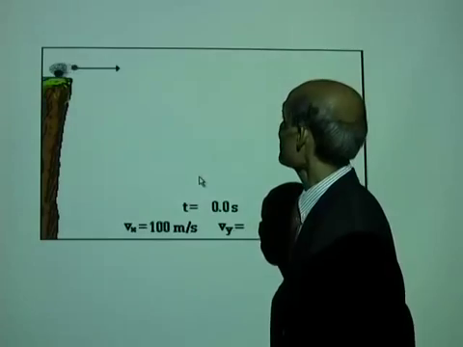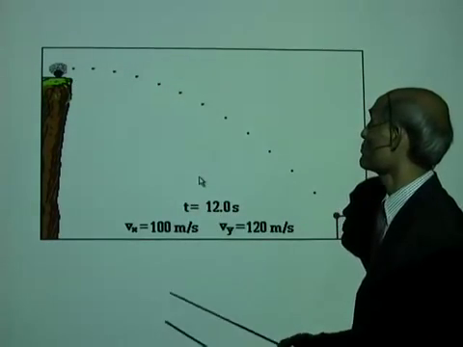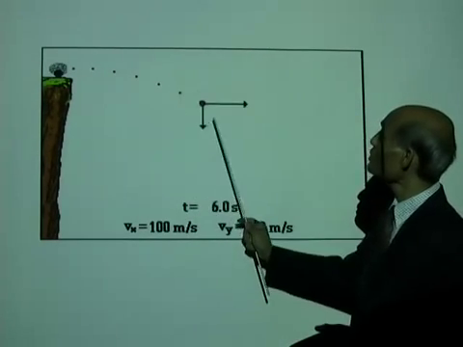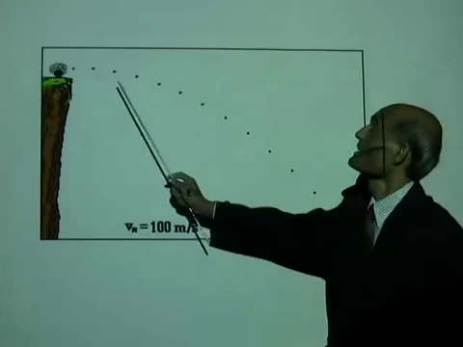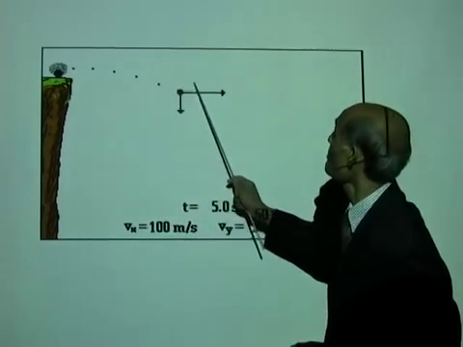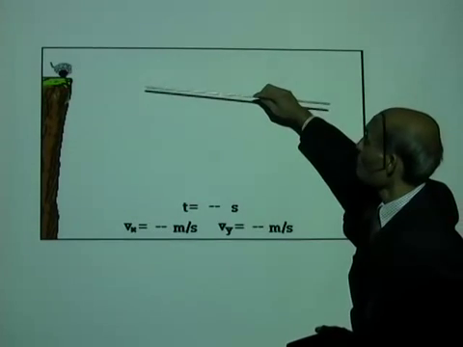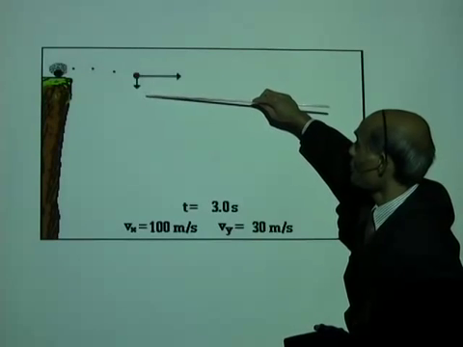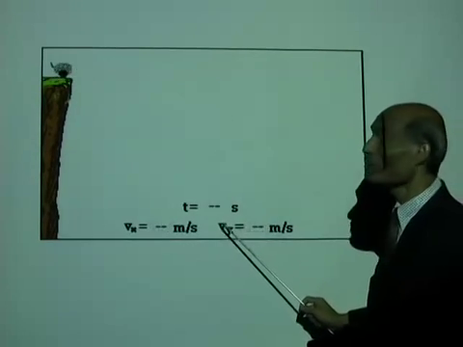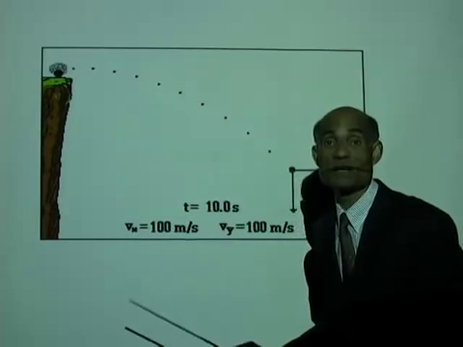Now here I have another example of a ball projected, and what I want you to watch in this animation is how the velocity changes. The horizontal velocity remains constant, and look at the way the vertical velocity grows, according to the equation Vy equals Vy0 minus gt.